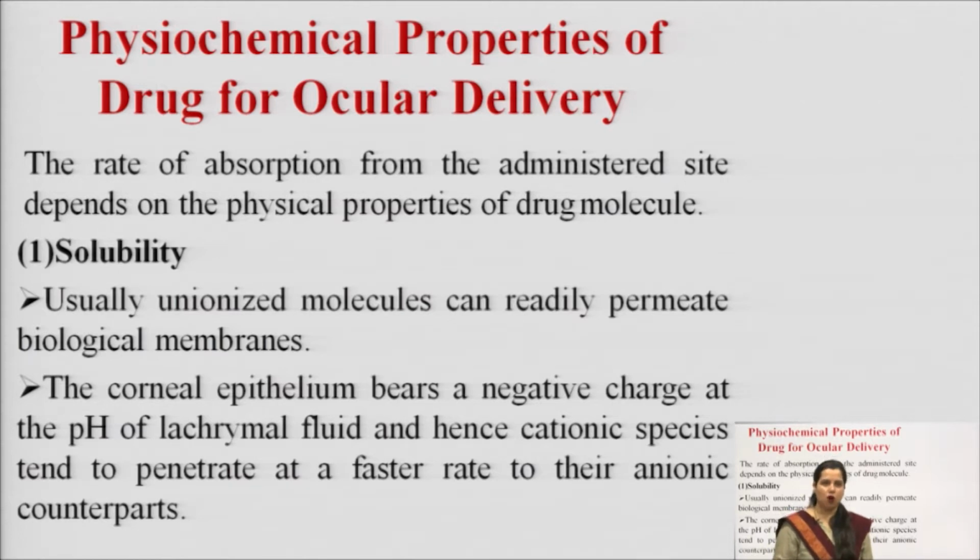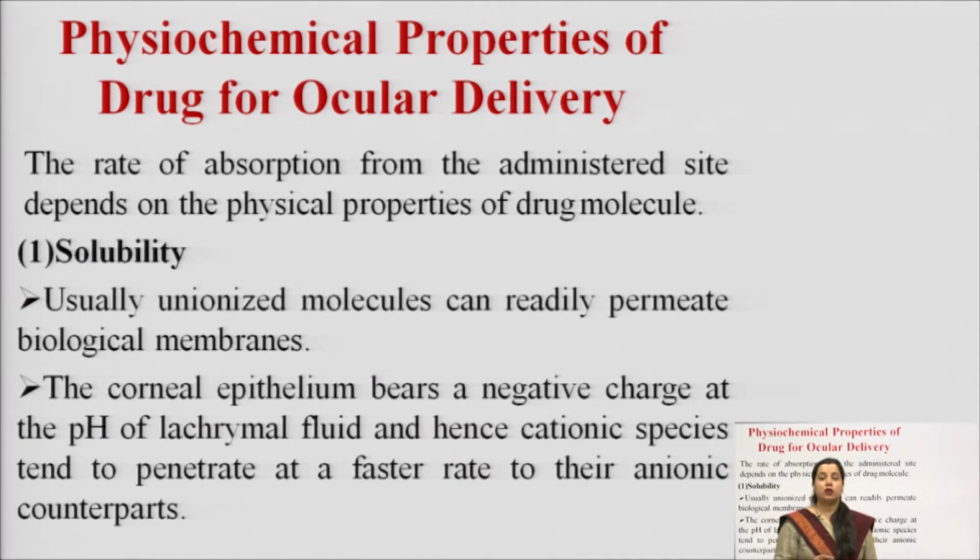Physicochemical properties of drug for ocular delivery. As we talk about the manufacturing aspects of any formulation, we have to discuss the drug part as well: which types of drugs can be used for ocular administration. The rate of absorption from the administered site, that is the eye, depends on the physical properties of drug molecules.